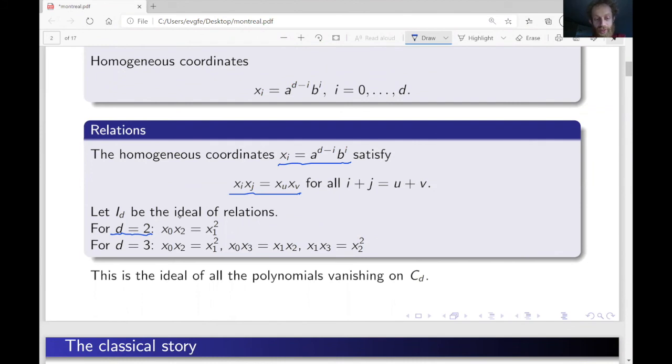And for d equals 3, you have now three relations. They're written down in the line below, and you can see the form of these relations.